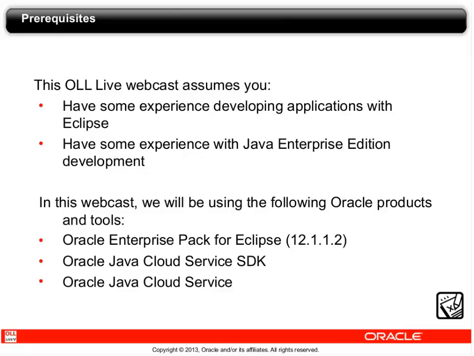So I have installed the Oracle Enterprise Pack for Eclipse. I also have installed Oracle Java Cloud Service SDK, the software development kit. And I'm going to be using a trial instance of the Oracle Java Cloud Service, which I'll show you as we go through the tutorial.